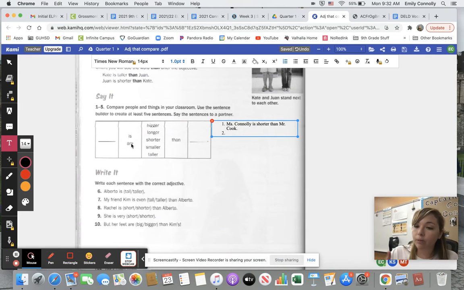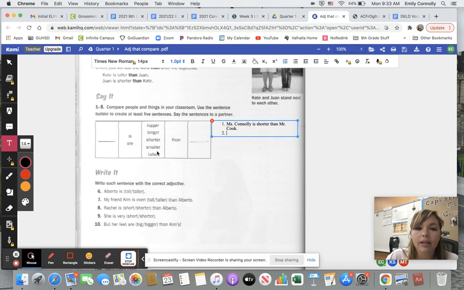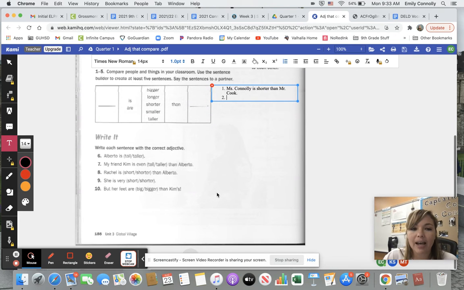Cuando hay más personas de uno, necesito are. See? So when more than one person, we use are. When there's only one person, we use is. Okay, so Miss Scarangelli and Miss Connolly are taller than Mrs. Rubin.